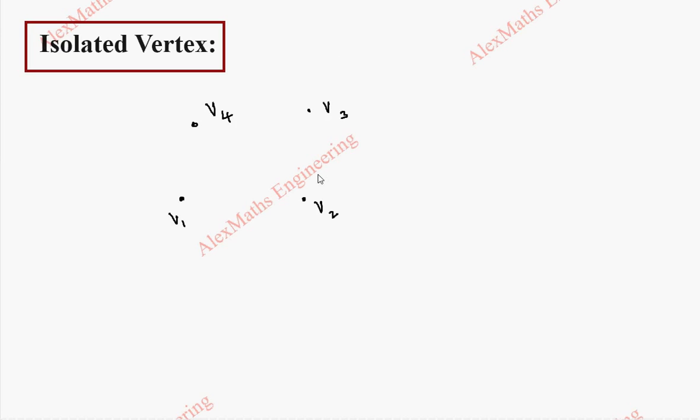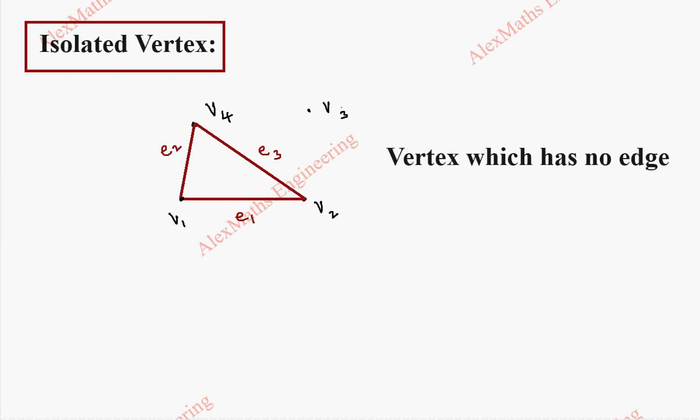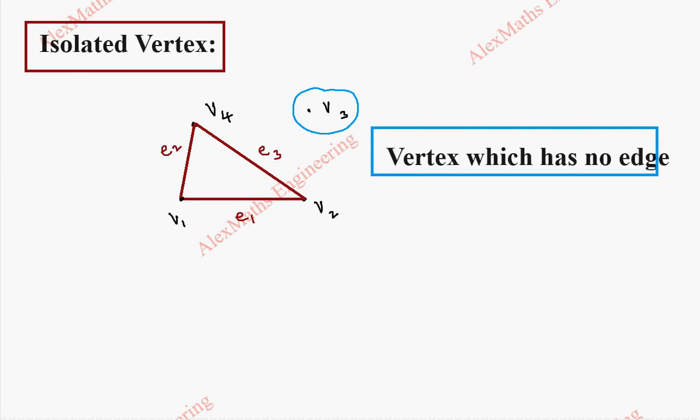Suppose these are connected by edges, this is the edge E1, this is the edge E2 and this is another edge E3, but this vertex V3 is not connected by any edge. So this vertex V3 is known as an isolated vertex as it has no edge.